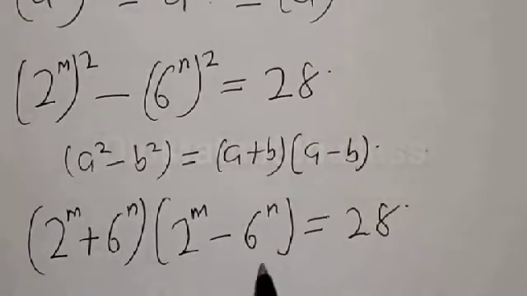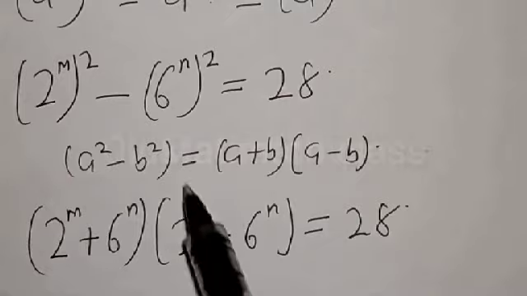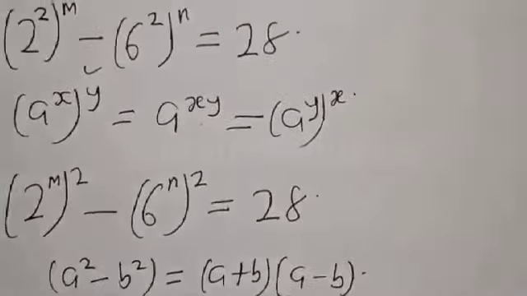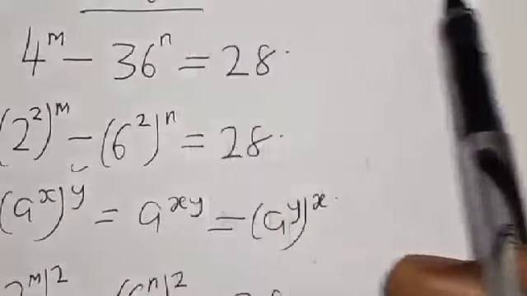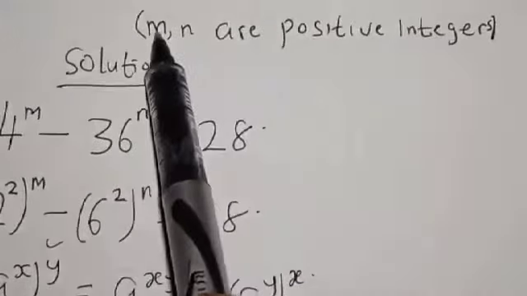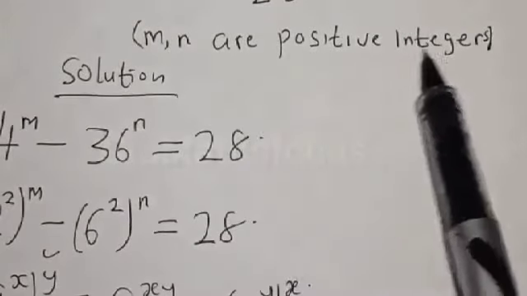Now here we are going to perform a trick so that the equation will be easier to work with. Remember, what we are asked to find is the positive integer solution, because the question says m and n are positive integers.